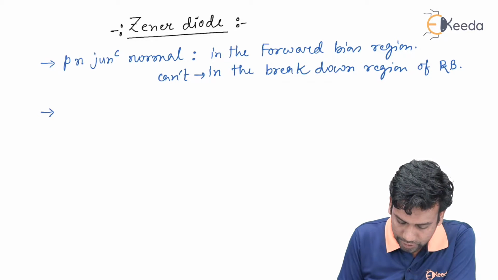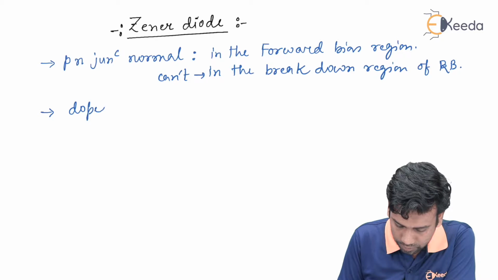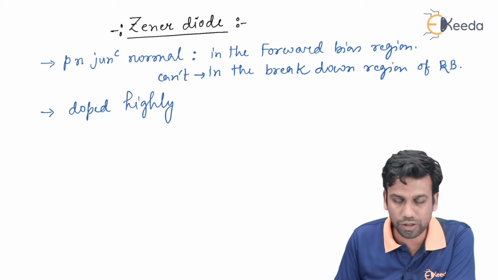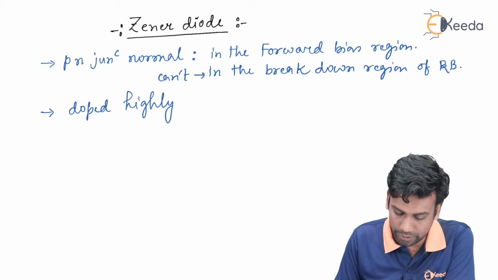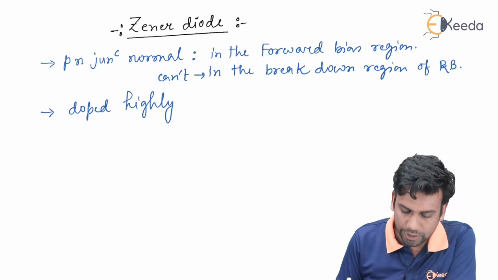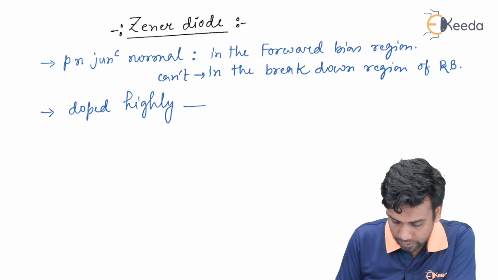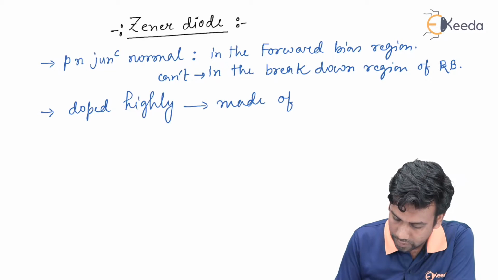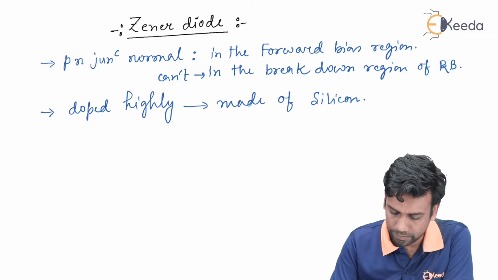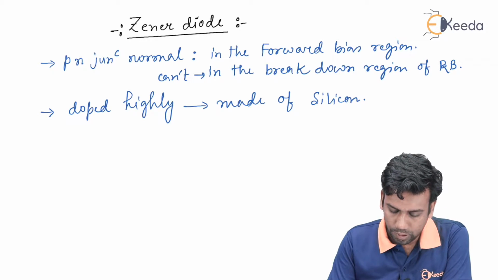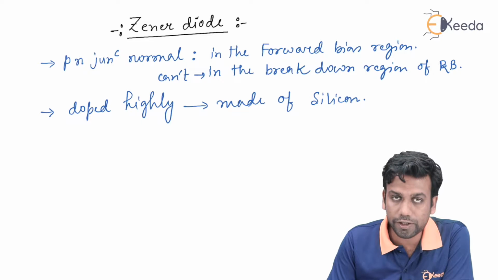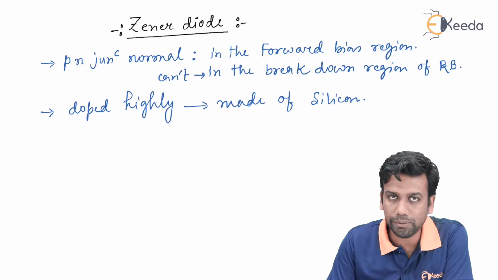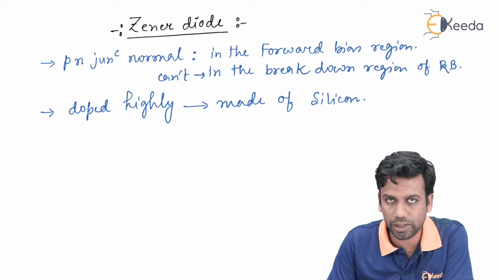Generally, Zener diodes are doped highly, but not to the degenerate semiconductor level. They are made of silicon semiconductors, because in the reverse bias section we know that a high amount of current will flow through the Zener diode.